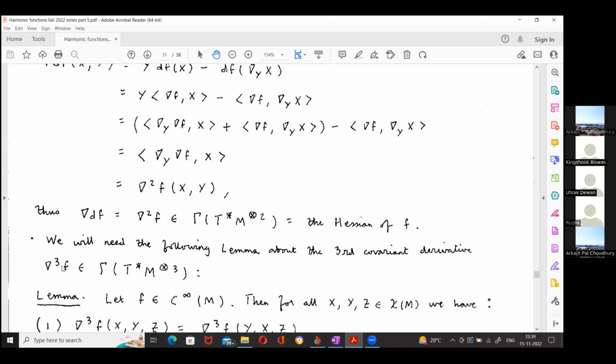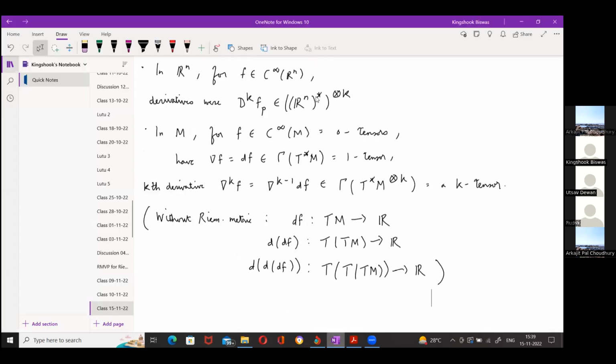The third derivative is actually not going to be a symmetric tensor. In Rn, our higher derivatives were all symmetric tensors.